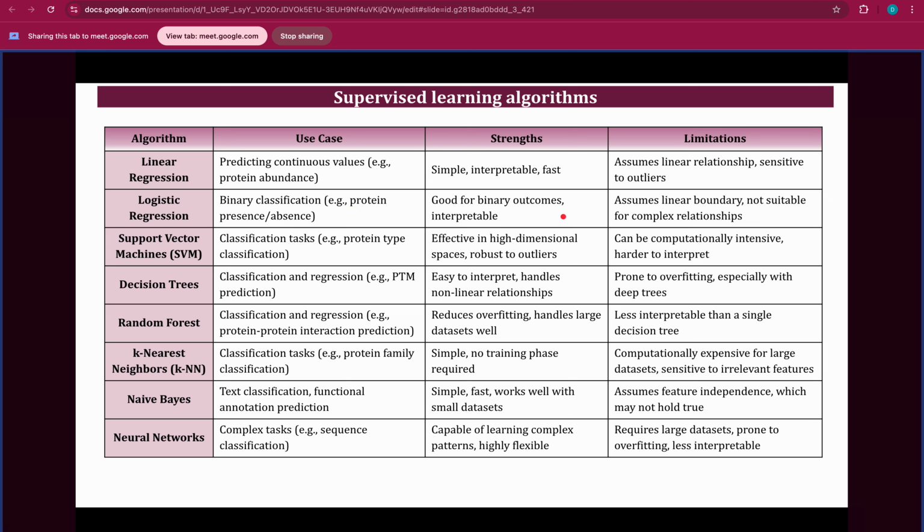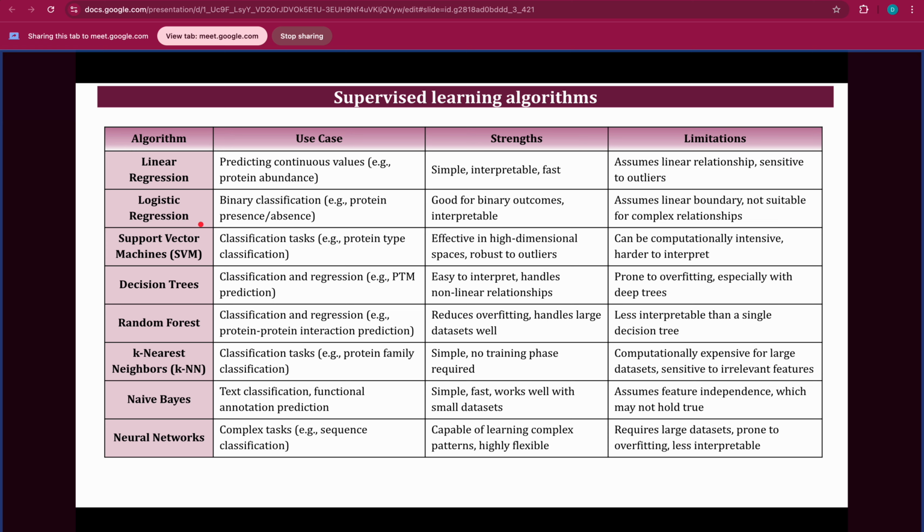So it is only good for binary outcomes, and it is interpretable, and it also assumes linear boundaries, so it is not suitable for complex relationships. Because if the relationship is not binary, then you cannot use it, because in a linear relationship you already know the equation mx plus c.